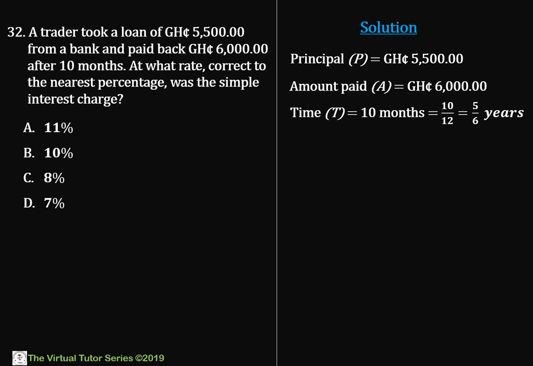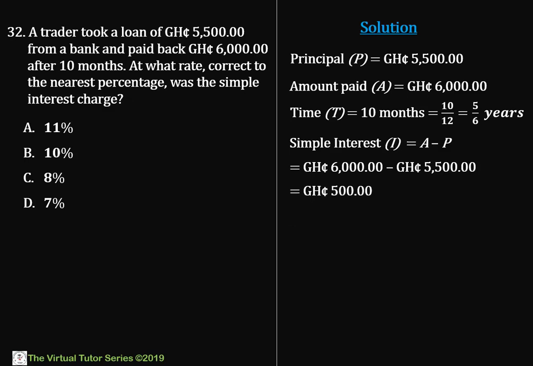To calculate the rate of simple interest, we need to first calculate the simple interest. The simple interest, I, is the amount minus the principal. That is 6,000 Ghana cedis minus 5,500 Ghana cedis. This produces 500 Ghana cedis.